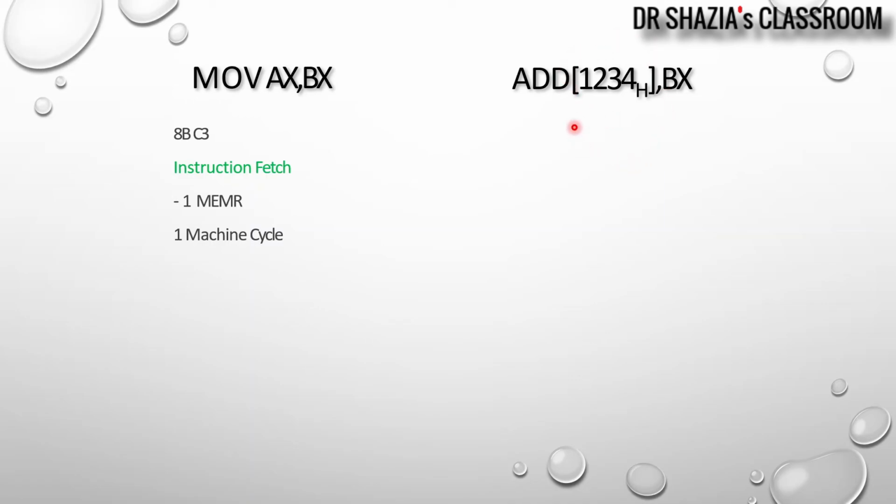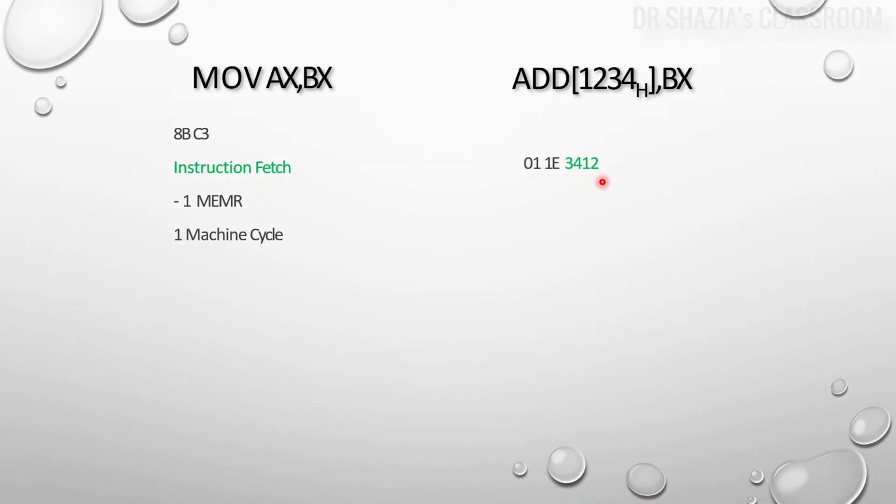The first thing we look at is the machine code generated by the assembler for this instruction, which is 011E 3412. As this machine code is 32 bits, my instruction fetch will require two machine cycles.